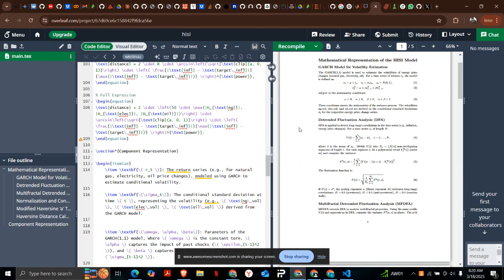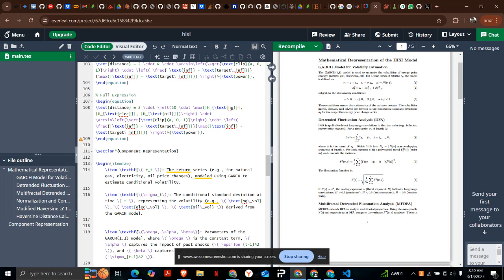The first thing that I do, and I'll also share samples of the code base, is calculate the GARCH model for volatility estimation of the changes in the energy prices.